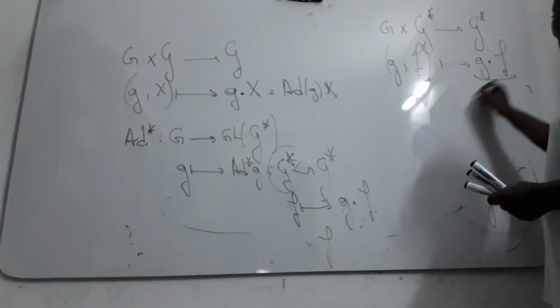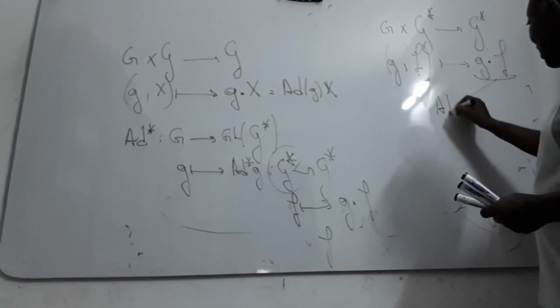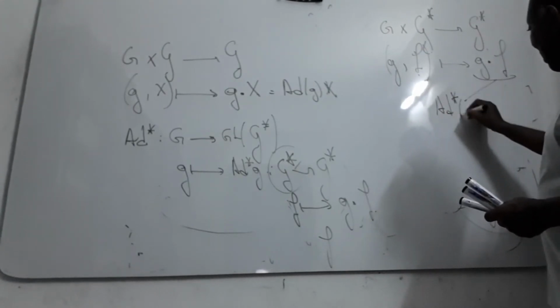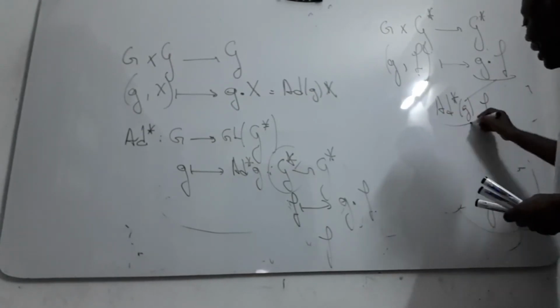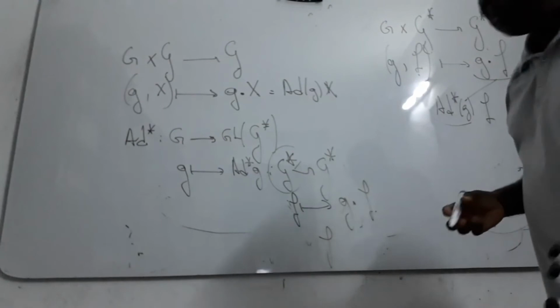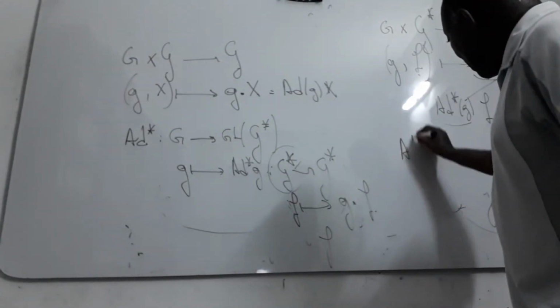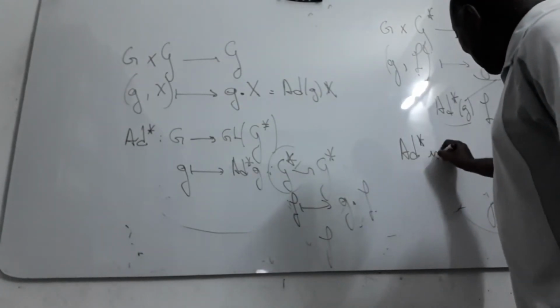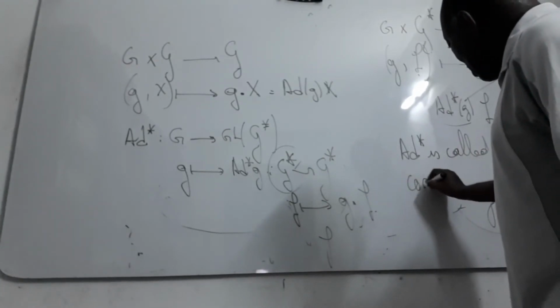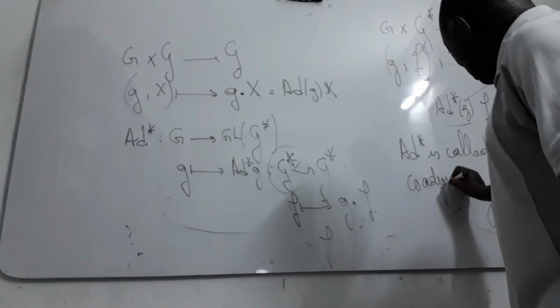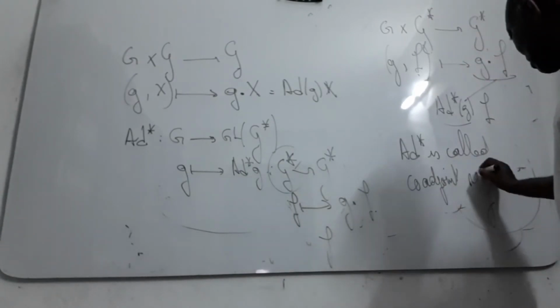This action is what we call the co-adjoint representation of G. It's called the co-adjoint representation.